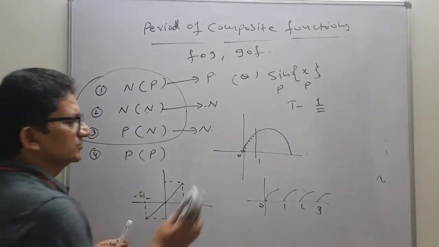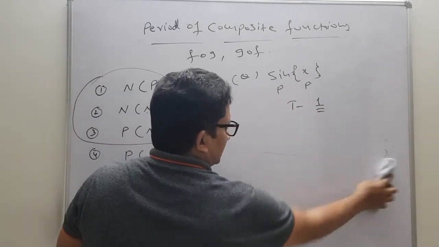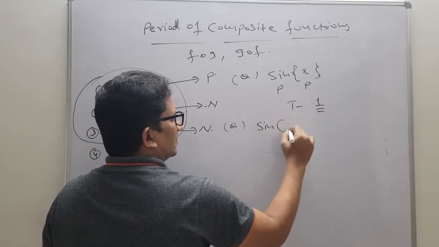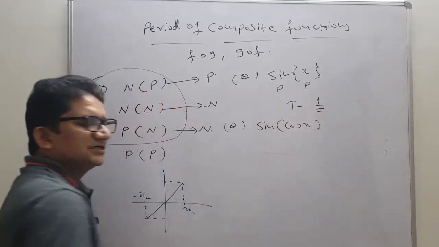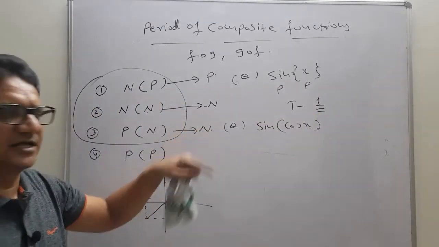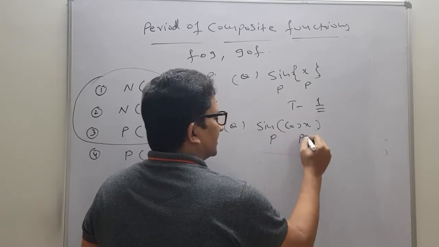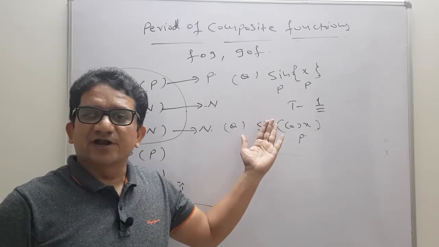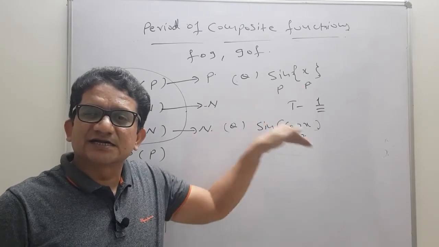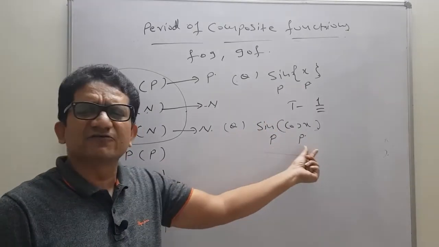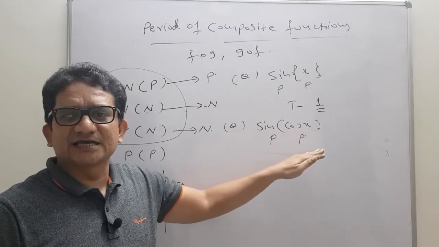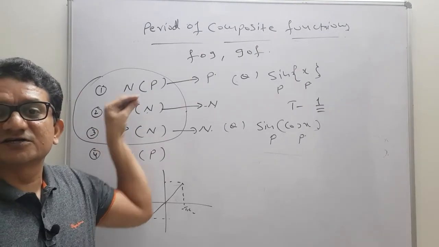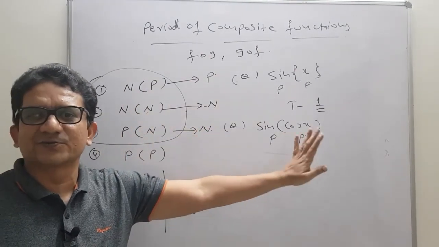Now suppose the function is sine of cos x. Clearly we know that it is periodic and the inside is also periodic. In this particular case, when outside is trigonometric and inside is trigonometric, you don't follow the rule we opted for here, that the inside function dominates. That rule won't be applicable here.